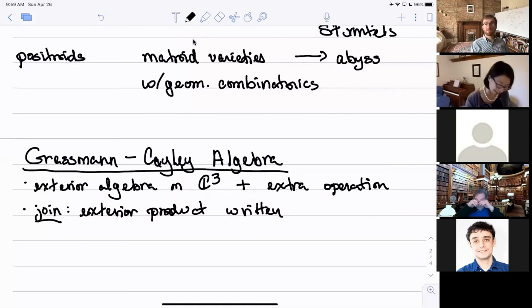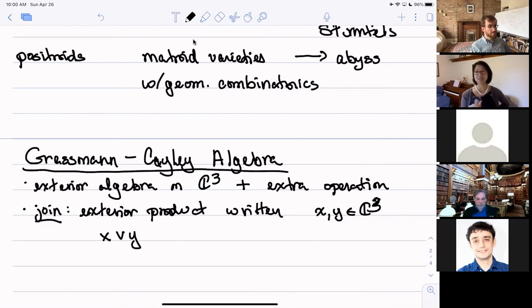Okay, so if I have an x and a y in C^3, usually we'd write x wedge y for the exterior product, but in the Grassmann-Cayley algebra, we write x ∨ y, or often we just write xy, where it's understood that by juxtaposition, that's a join. Why would we do this when everyone is used to writing the exterior product the other way?